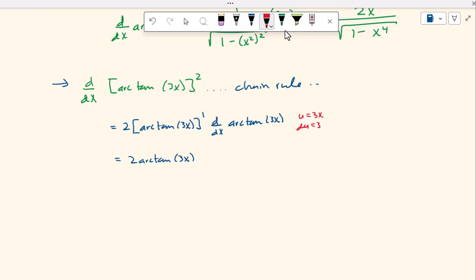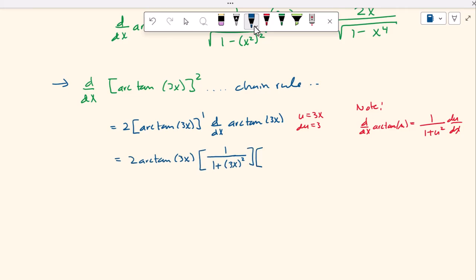Now the form that we are going to use here is the derivative with respect to x of arctan of u is equal to 1 over 1 plus u squared, and then that du dx. So this derivative would be 1 over 1 plus u squared, but u was 3x, and that has to be quantity squared, times du dx, which would be 3.